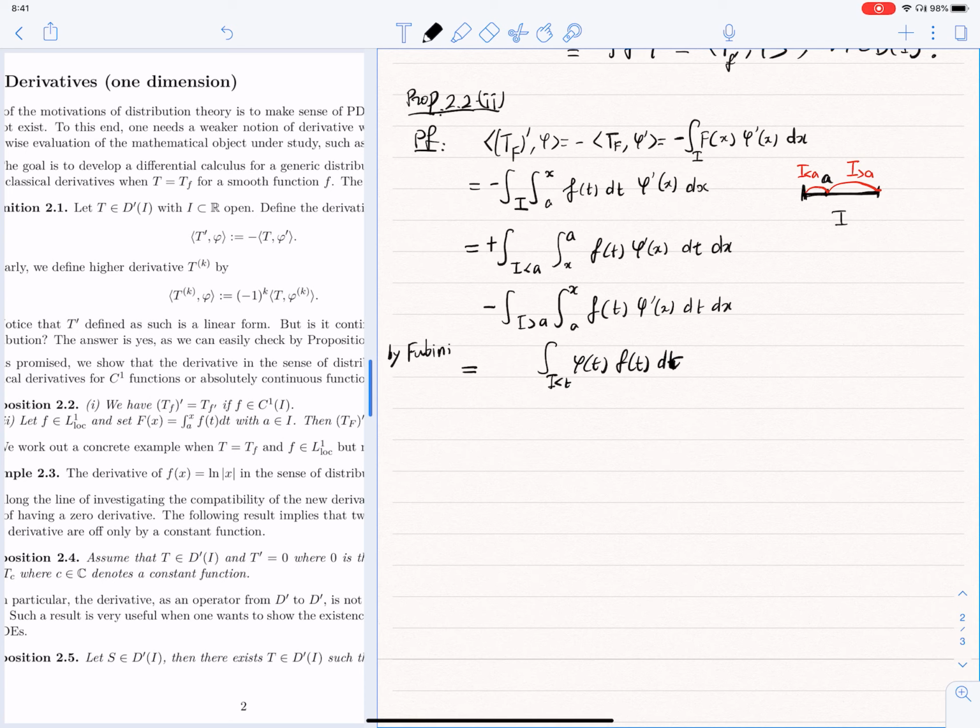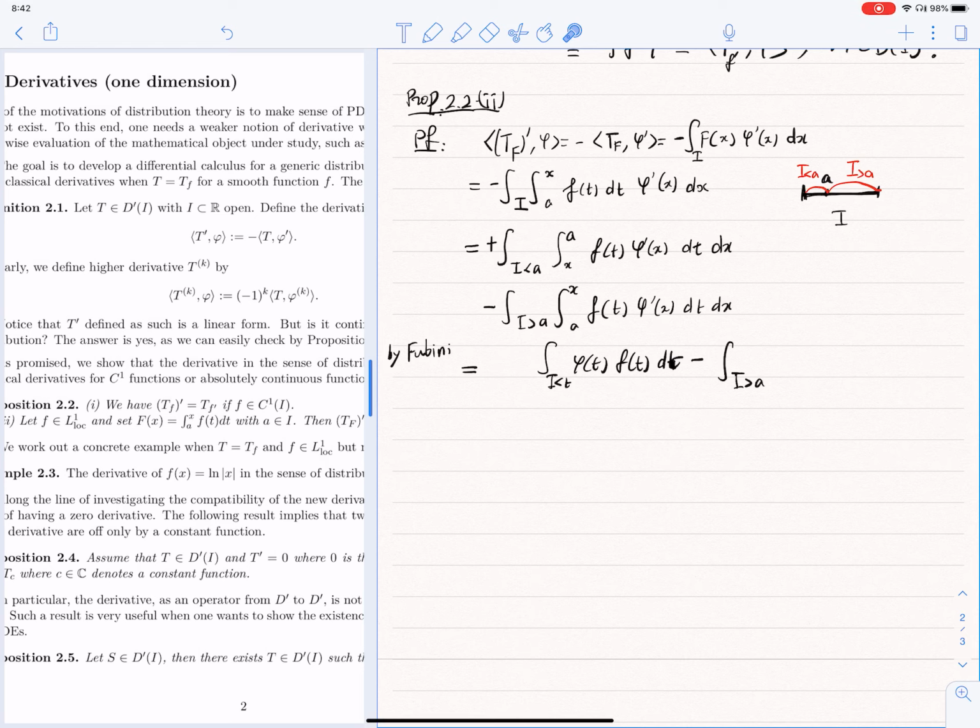And for the second part, again, we are going to use Fubini. So this time, still we integrate, x larger than a, so with a negative sign. And so we integrate now the phi prime of x on this interval, right?